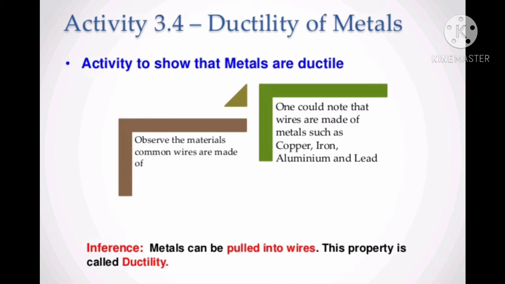Copper wires are also there, but copper wires are very expensive. That's why these metal wires are preferred. Wires can be made up of gold also, but it is very expensive.